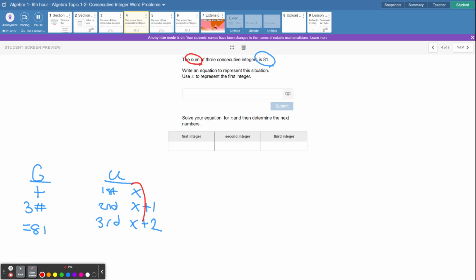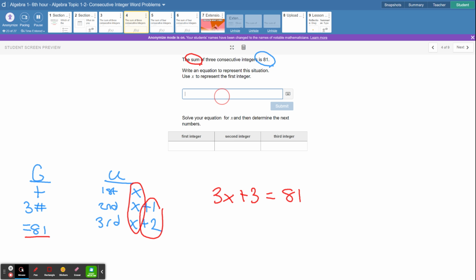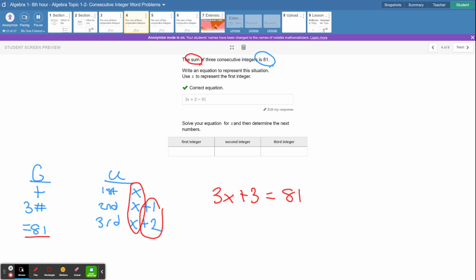Now all we have to do is count up the x's. So we have 3x. Count up the numbers: 1 plus 2 is 3. And then go back to our total, which is 81. So let's confirm that we did this correctly. 3x plus 3 equals 81. Now we have a 2-step equation. Minus 3 on both sides, we're going to have 3x equals 78.